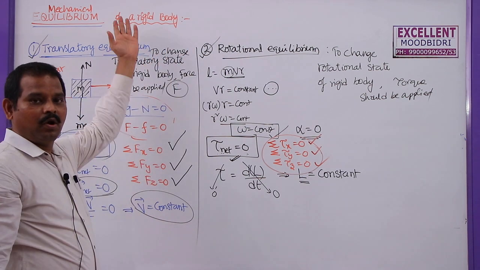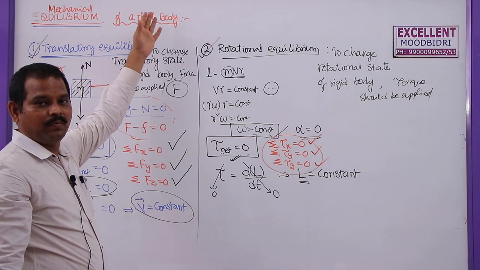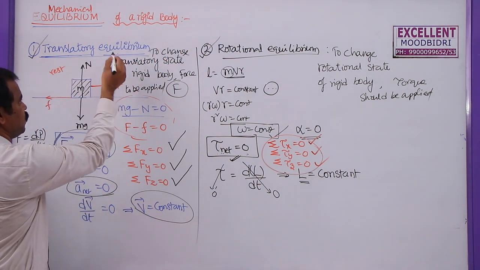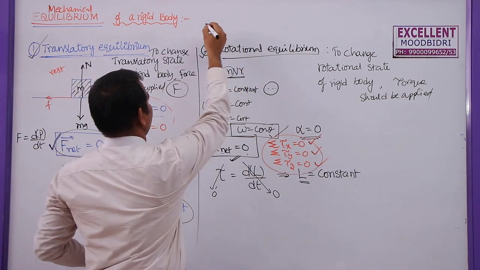When is a body said to be in mechanical equilibrium? If it satisfies the conditions of translatory equilibrium plus rotational equilibrium.